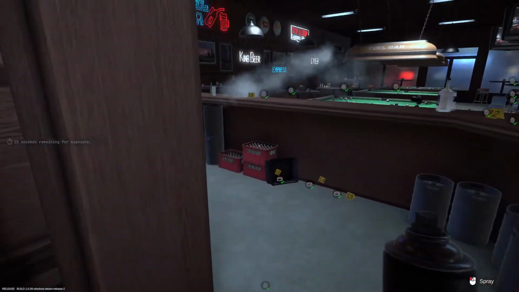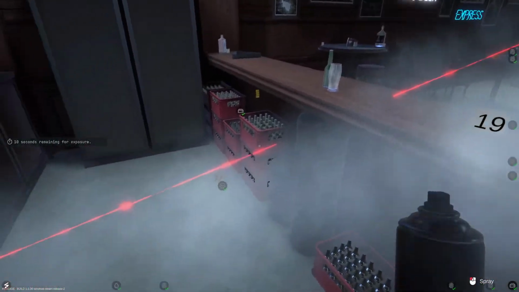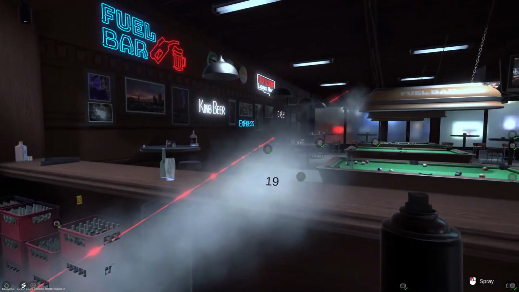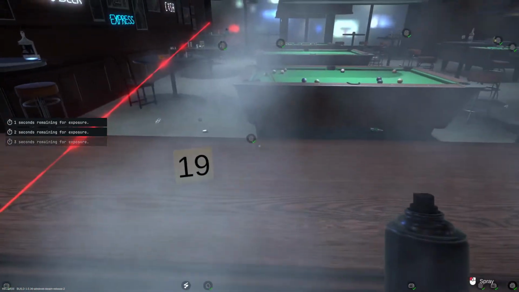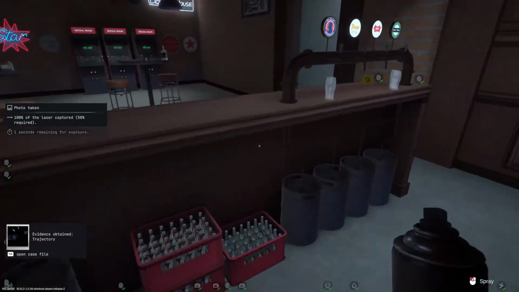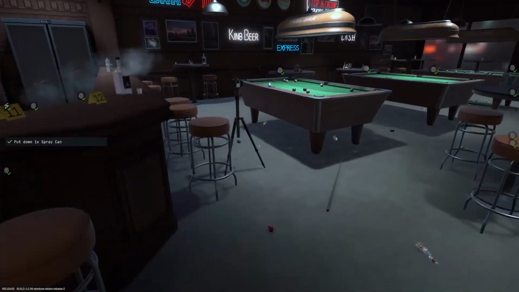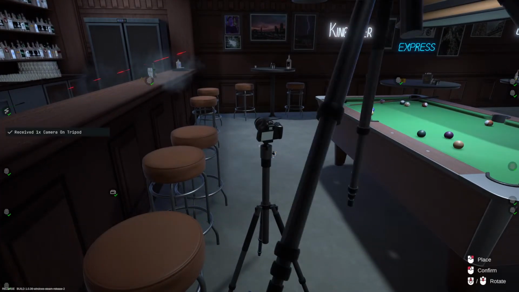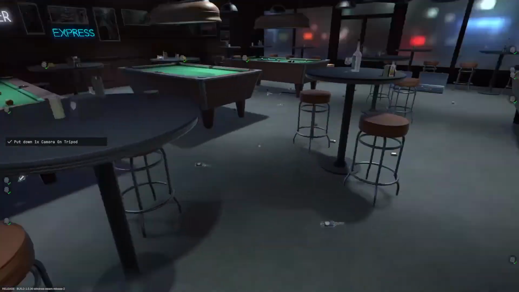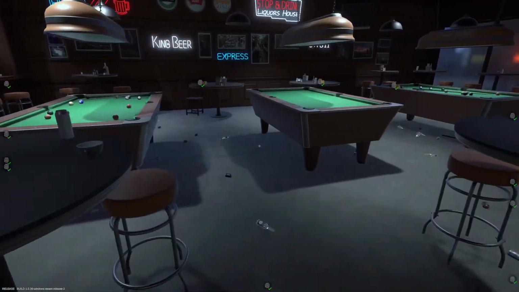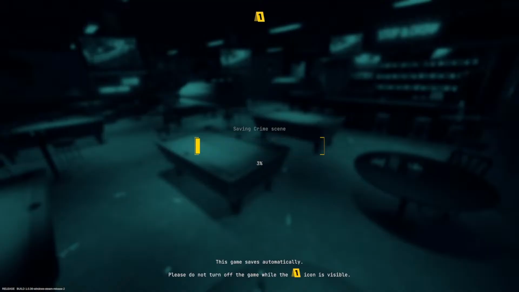Let's run around here. Yeah, so he had to be standing right there. And these are probably going to be his fingerprints too. Number 19. 19's probably going to be it. Alright, let's go back to the lab, and if we missed anything, we'll just come back. But for now, let's go to the lab.